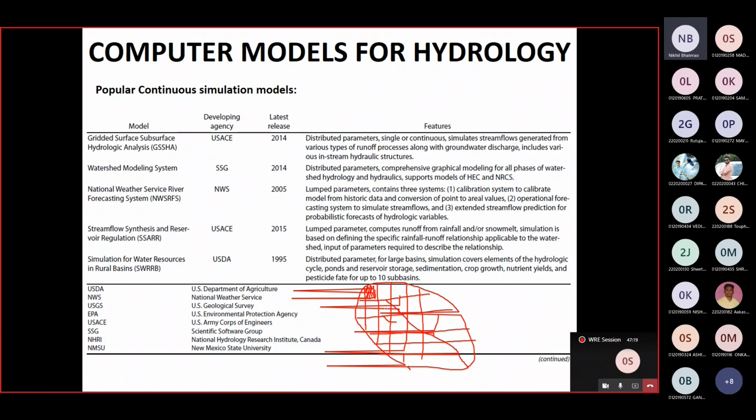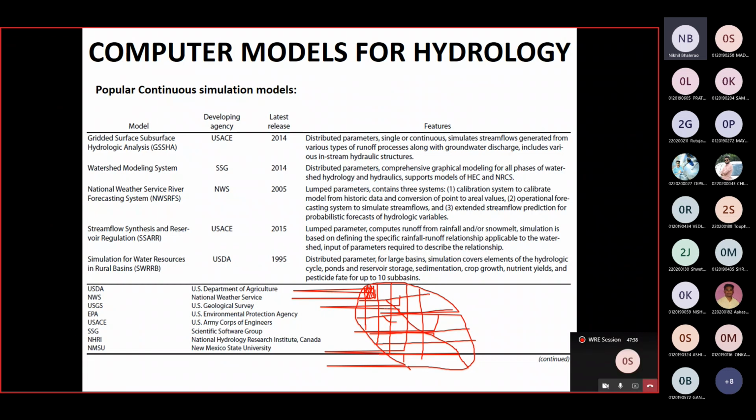Okay, because the parameters we are applying are actually related to that particular smaller area or that particular smaller grid, it will not be a lumped parameter. So accuracy in terms of prediction of the runoff data is going to be increasing.